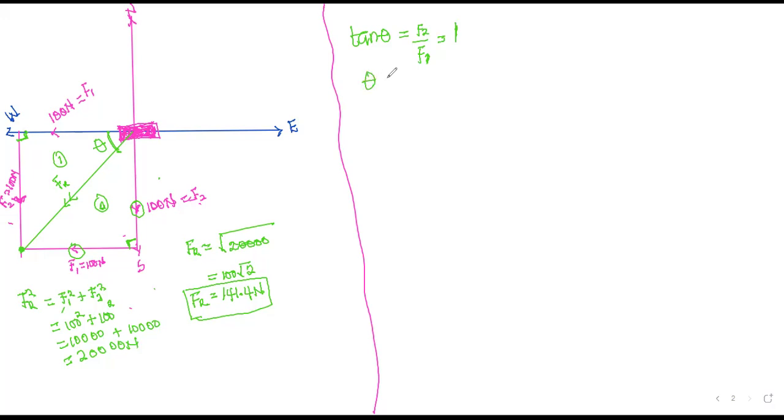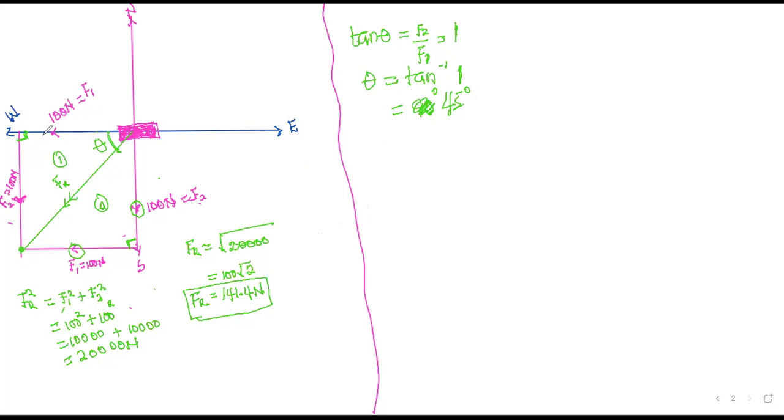So theta is equal to tan inverse of 1. And I think tan inverse of 1 is 90. True or false? False. Please, 45. Oh, okay. Thanks for the correction. So 45 degrees. What it means is that the direction makes an angle of 45 degrees from the west.